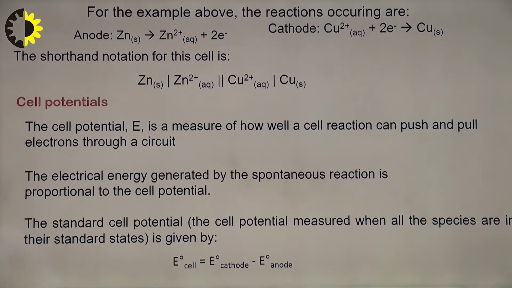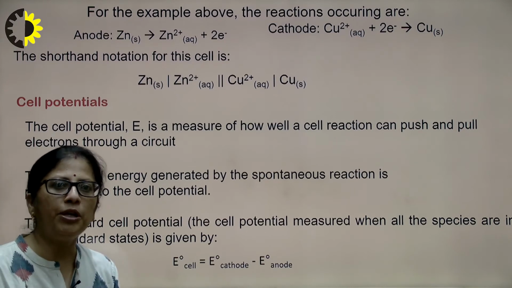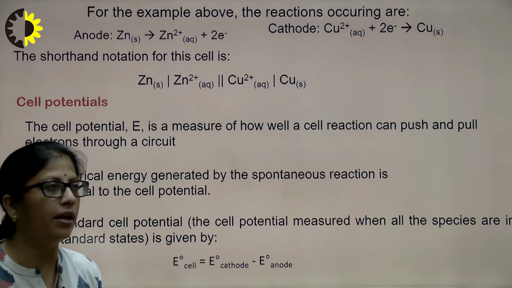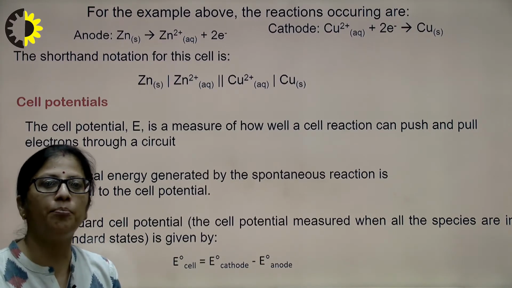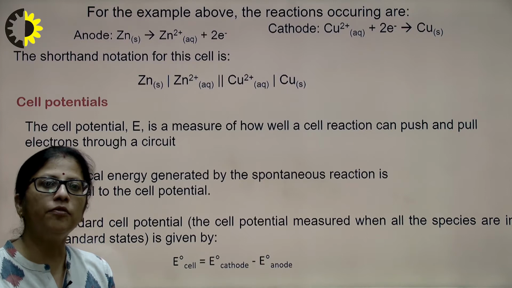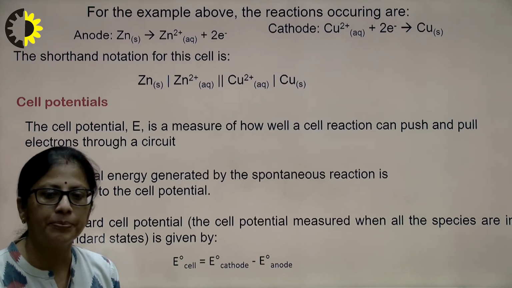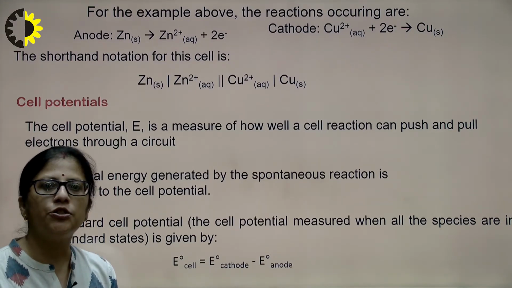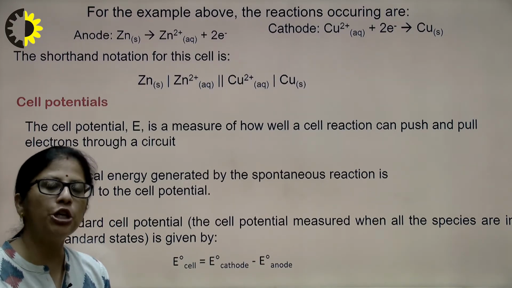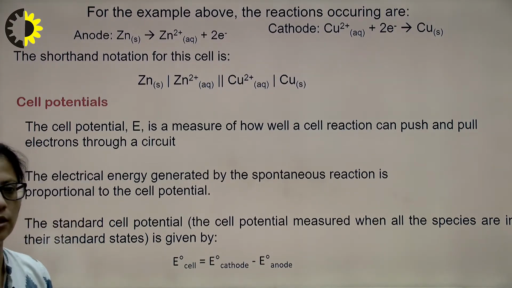Now, the cell potential. The cell potential, capital E, is the measure of how well a cell reaction can push and pull electrons through a circuit. What is the flow of the electrons? The electrical energy generated by a spontaneous reaction is proportional to the cell potential.